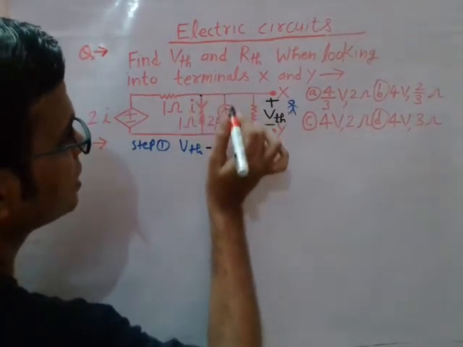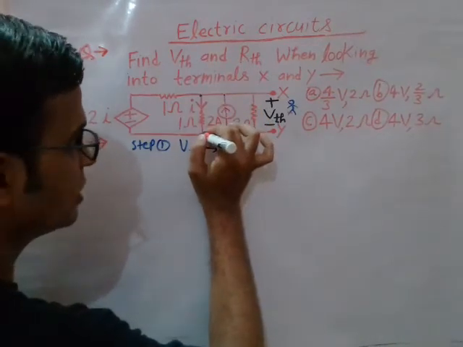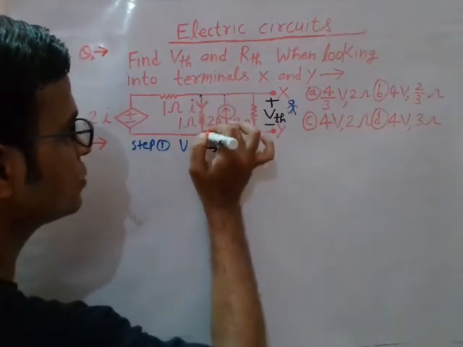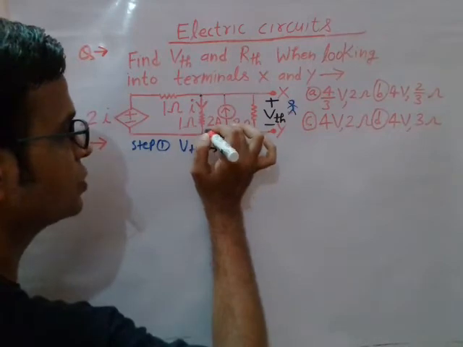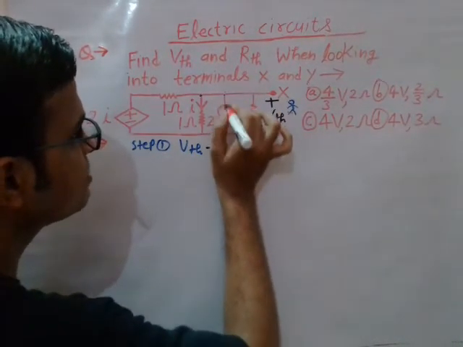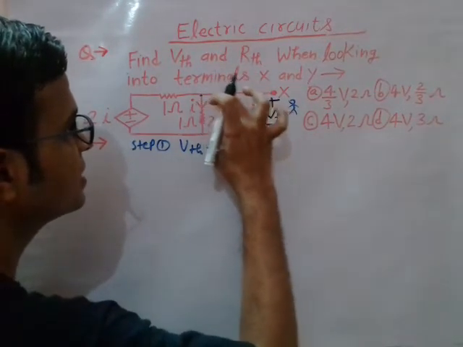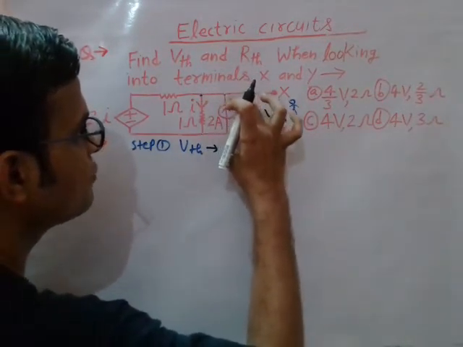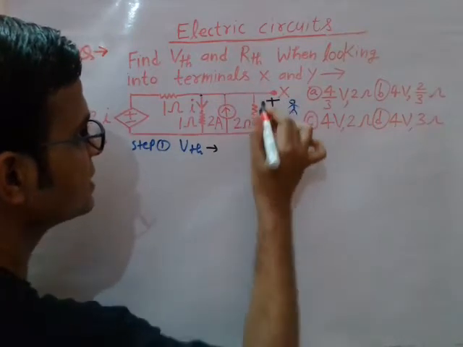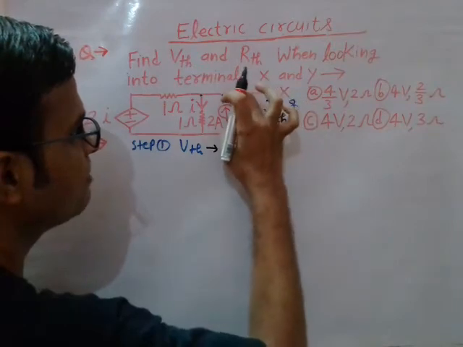This voltage is I volt, right? I into 1 is the voltage drop across this parallel branch. The same voltage drop you will find here across this current source, because it is connected in parallel with this. The same voltage drop you will find in this 2 ohm resistance, because this is also in parallel with this.